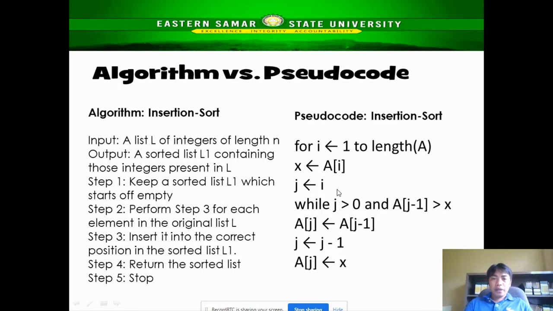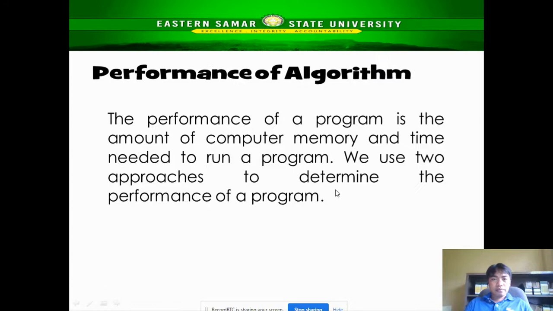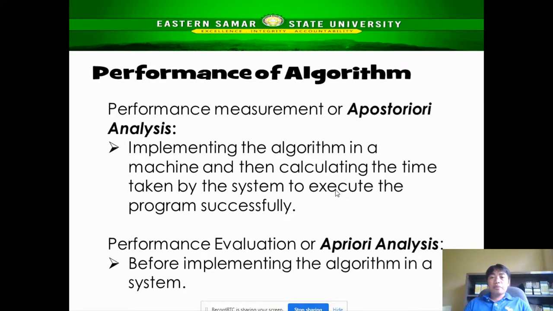Okay, let's move to performance of an algorithm. How do we measure the performance of an algorithm? So we use two approaches to determine the performance of the algorithm. One is a posteriori analysis, and the other is a priori analysis.